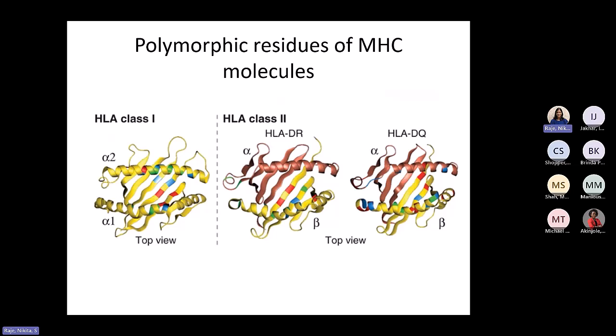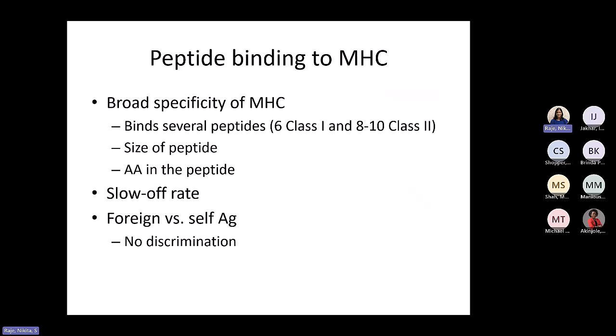That variability helps in binding to various peptides, and the peptide cleft differs in the size of the peptide and the type of amino acids that can bind to those regions. There are 6 class 1 and 8 to 10 class 2 MHCs that can bind to several peptides, and the variability in those red regions can increase the different types of peptides that can go into that cleft depending on the size and amino acids in the peptide.